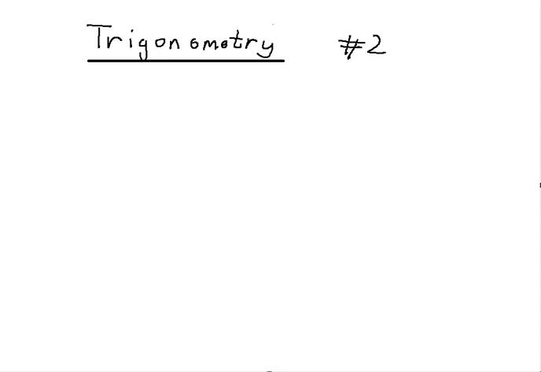So for example, if it's something like a sine theta plus b cos theta, what we can do here is try and bring this into one trigonometric function, either sine or cos, and we know that sine and cos have a maximum value of 1 and a minimum value of -1, and we can plug those in when we're finding the maximum and minimum.